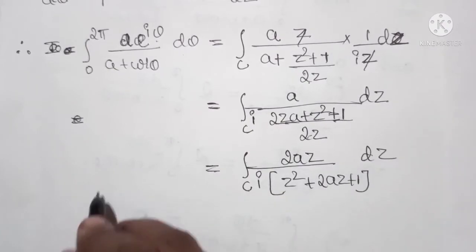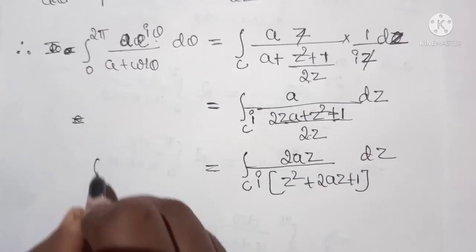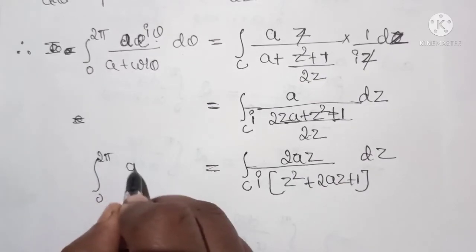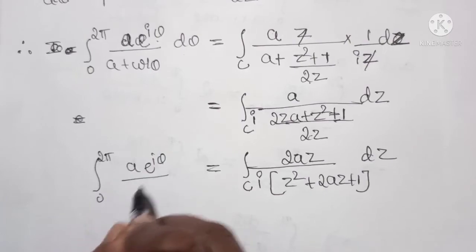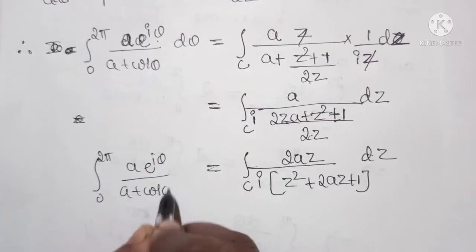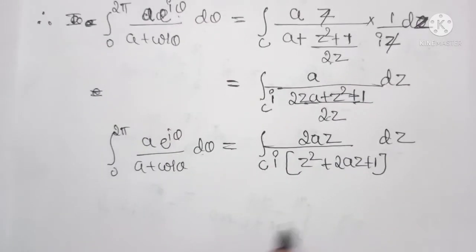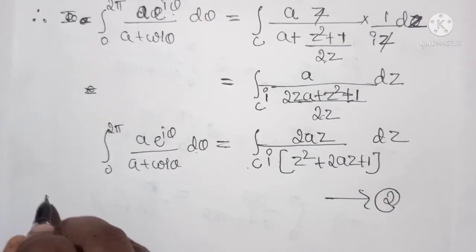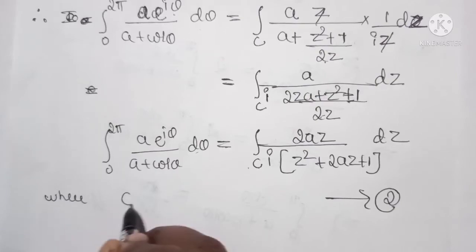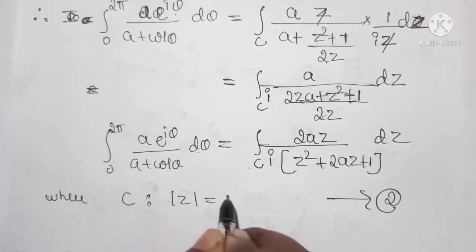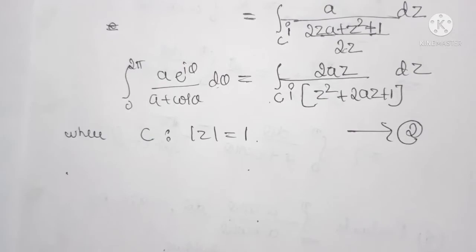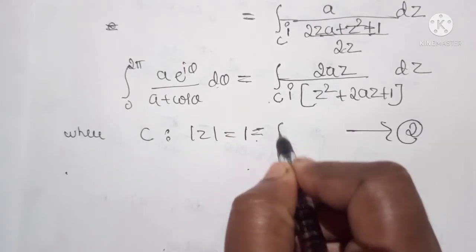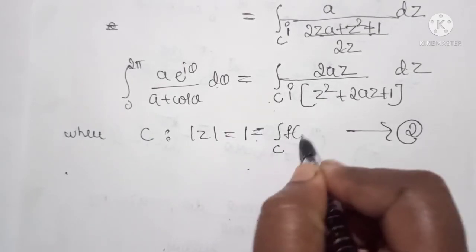So this is the value of the integral from 0 to 2 pi of a into e raised to i theta divided by a plus cos theta d theta. Consider this as equation 2. Here C is mod z equals 1, so we take this as the integral over C of f of z dz.